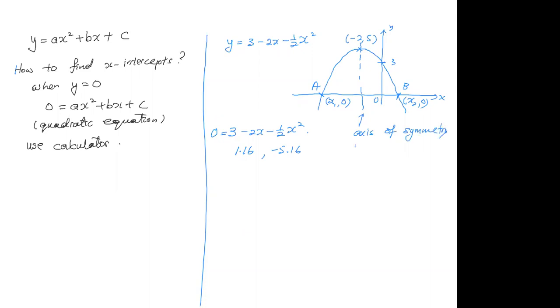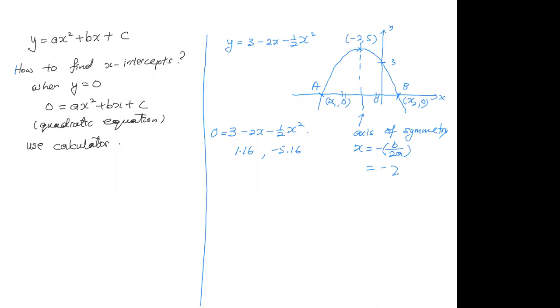And the axis of symmetry is a vertical straight line, correct? So this is where you get your axis of negative b over 2a. And our axis of symmetry is -2 here. So that means this distance and this distance is the same.